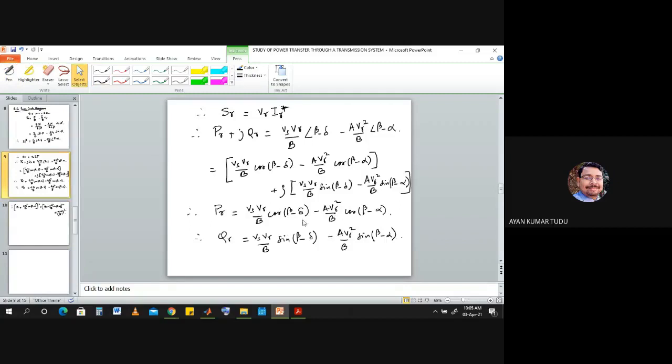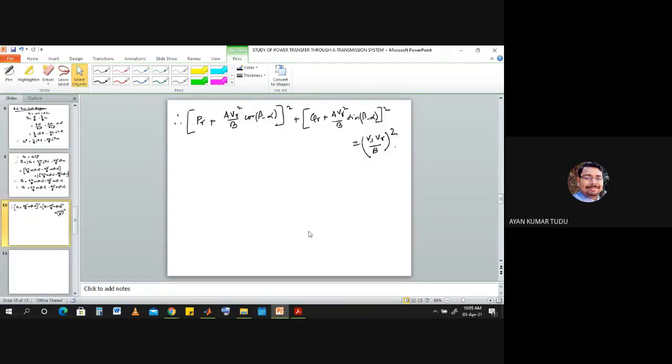From this, can we not write this expression? Yes. This expression is nothing but the power circle equation at the receiving end of the transmission line.